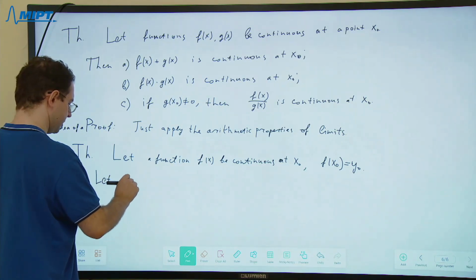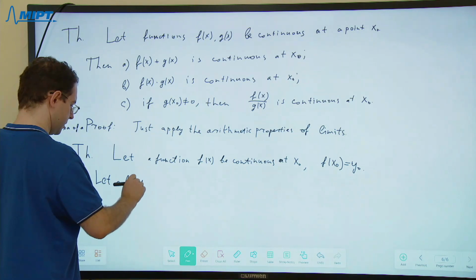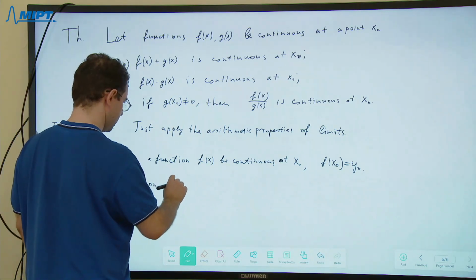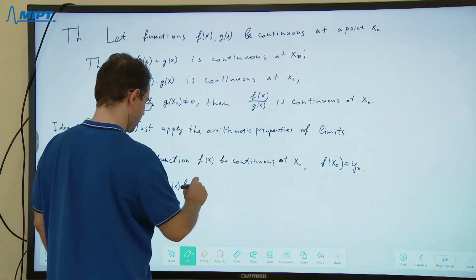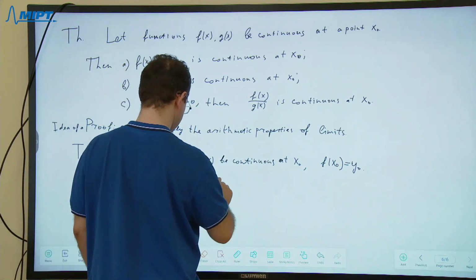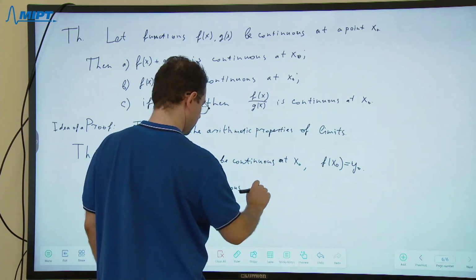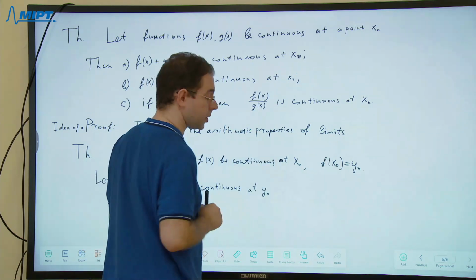Let a function g of x be continuous at y0, this point.